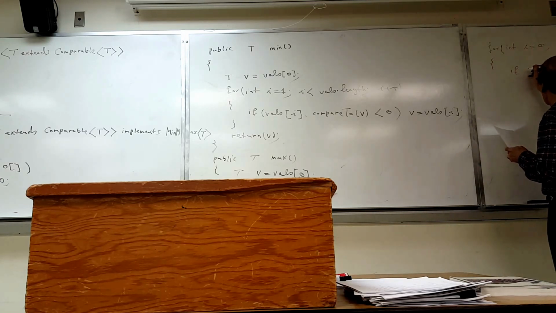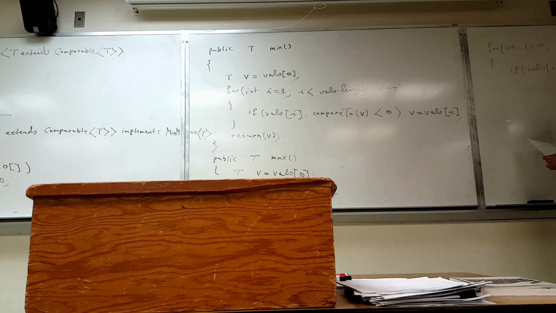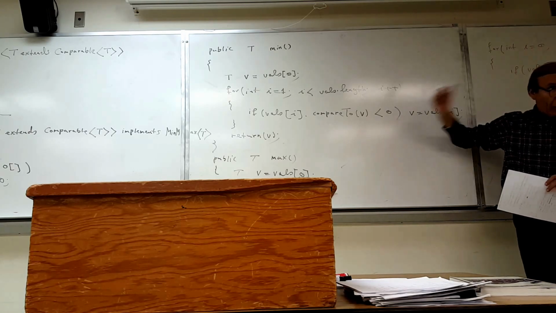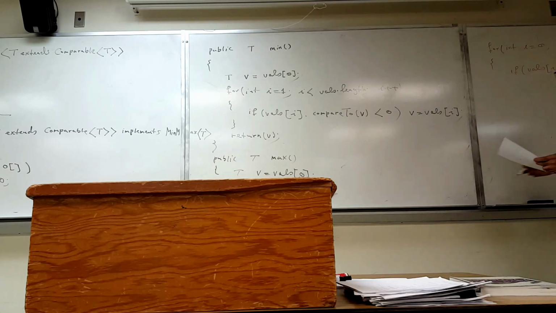If vals of I dot compareTo V greater than 0, V equals vals of I. This one was less than, the other one is greater than, because we're talking about max.